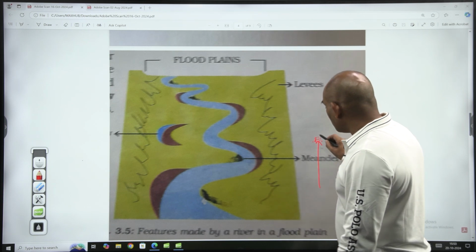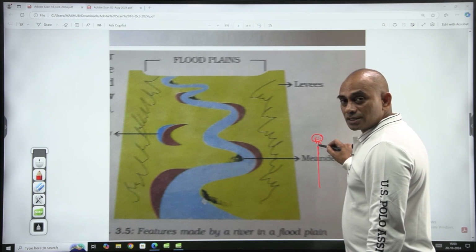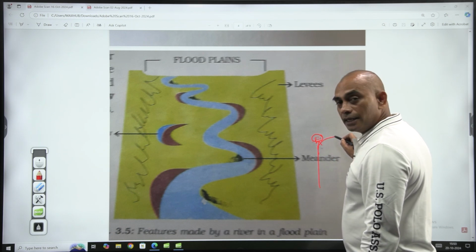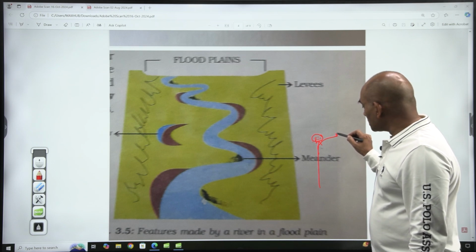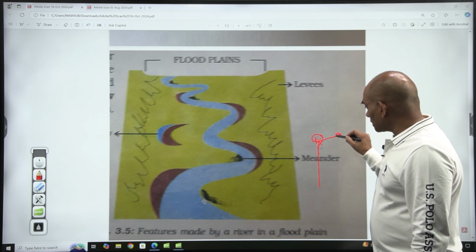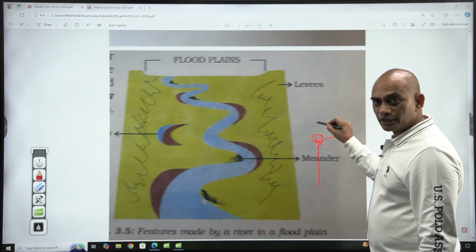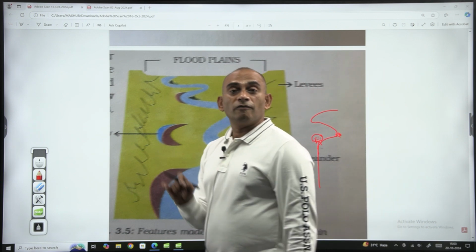When these deposits are obstructing its course, it twists and takes a turn. And again, this erosion and deposition is a continuous process. When this particular place is obstructed, again it takes a different turn. Like this, large bends form.